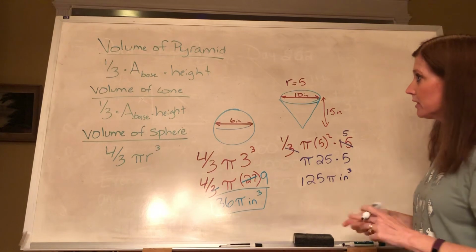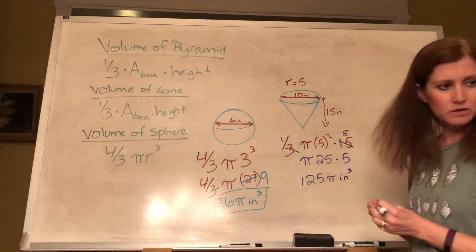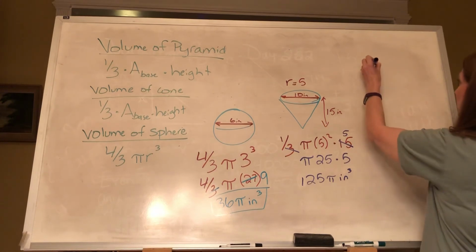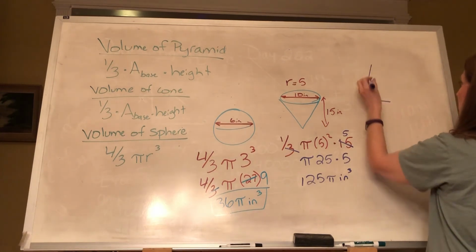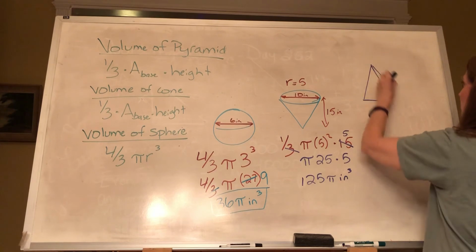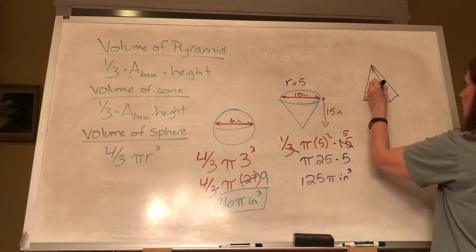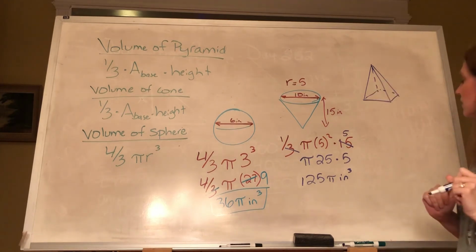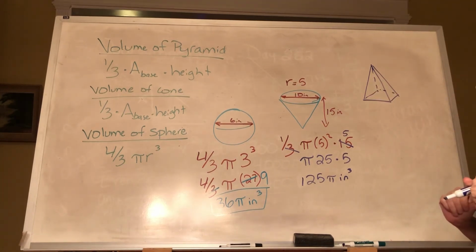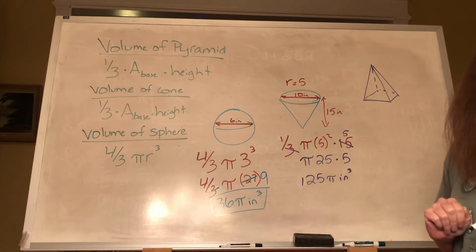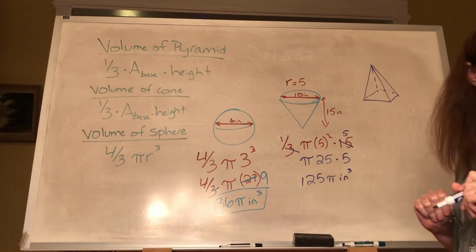We'll do the pyramid. It's our last one. We're at the mercy of trying to draw this. I was supposed to draw a triangular pyramid, but I just did kind of a square.